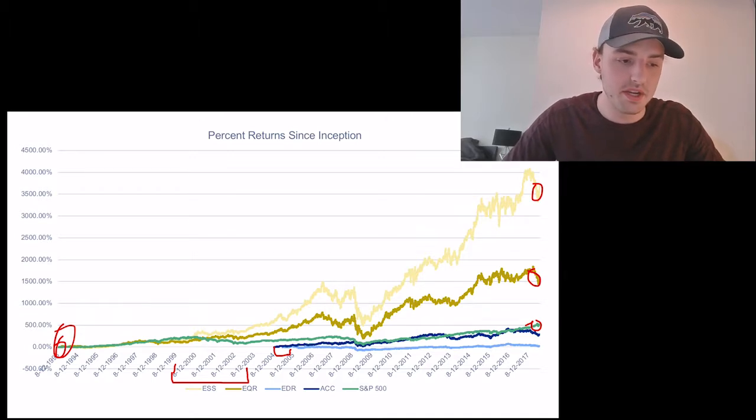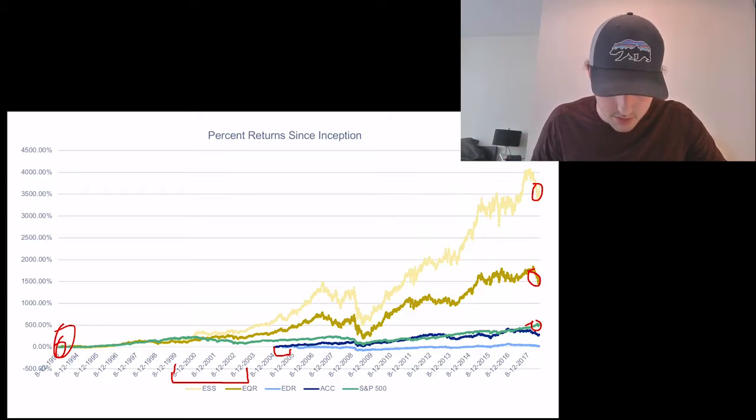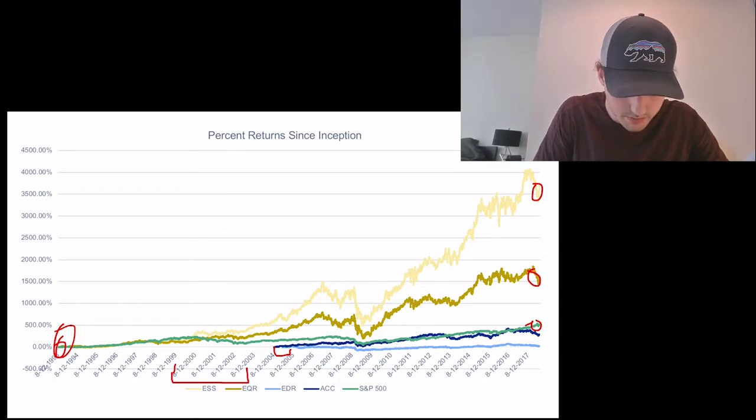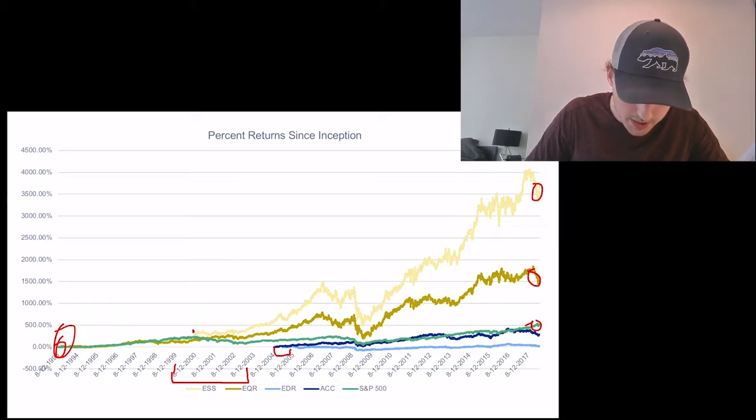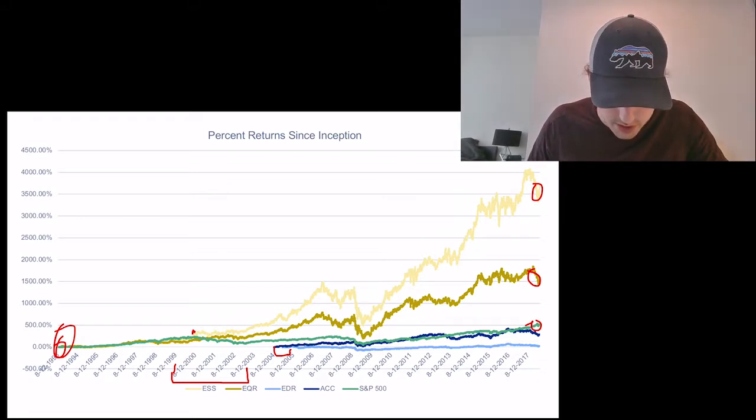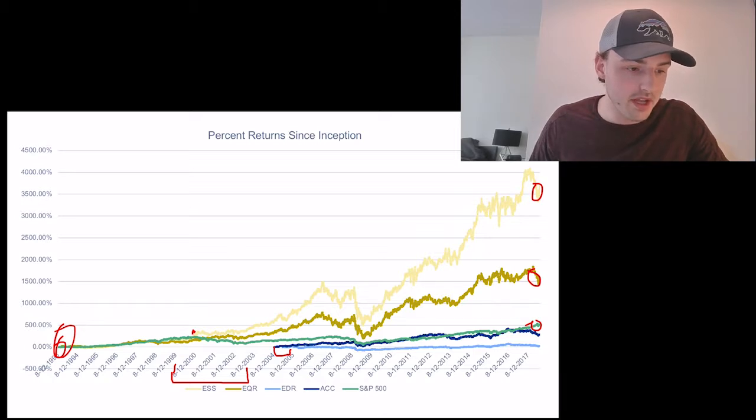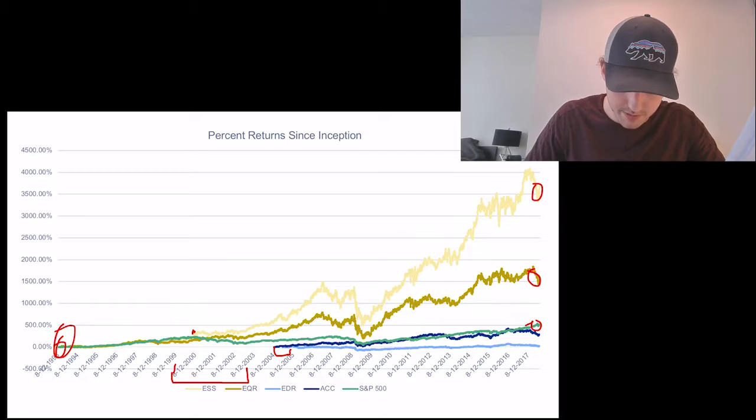So notice what happens during the tech bubble. The S&P 500 declines by 50% from 2000 to 2003, right? So from the normalized zeroing point of 1993, we reach a peak here at the peak of the tech bubble, where general market returns are about 250%, and they decline by around 50% to the very bottom in 2003.